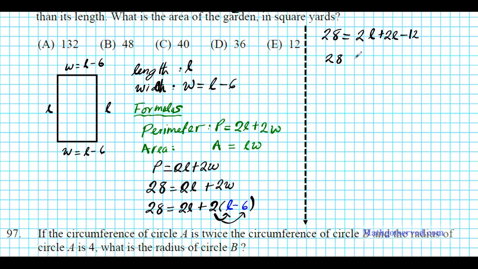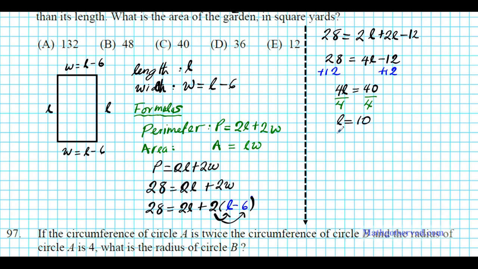We have 28 equals 4L minus 12. We can add 12 to both sides to get the 4L by itself. We're going to have 4L equals 40. And then to get L isolated, we divide both sides by 4. And then we're going to have L is equal to 10.